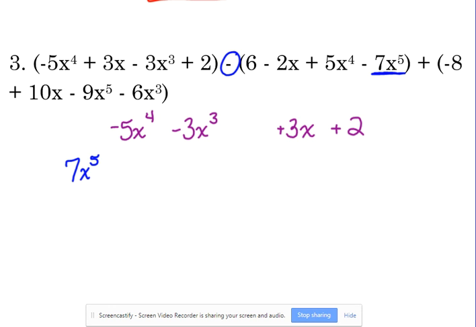Then we had positive 5x to the 4th, so it becomes negative 5x to the 4th. This one doesn't have a cubed or a squared, so we get down to the x. It was minus 2x, so it's positive 2x. And then we have positive 6, we change the sign, so it's negative 6.